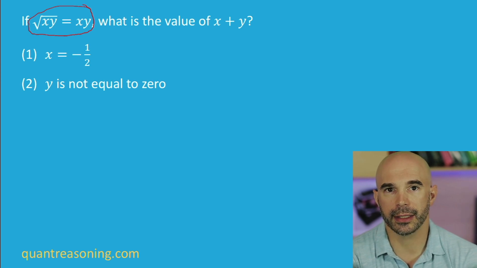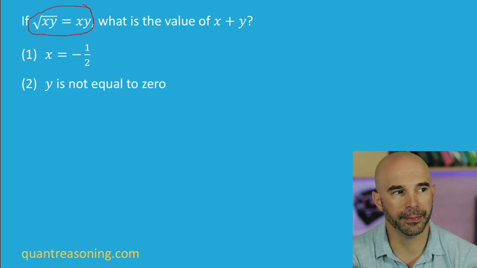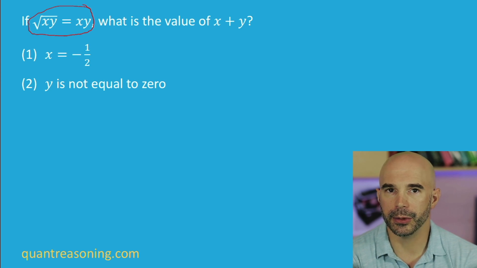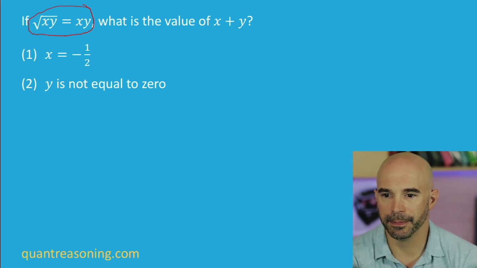I don't think it makes sense to read on. I wouldn't read on at that point. I would ask myself, when does that happen? Under what circumstances would the square root of something be equal to the thing itself? Certainly the square root of 10 is not the same as 10. I just used 10 as an example.